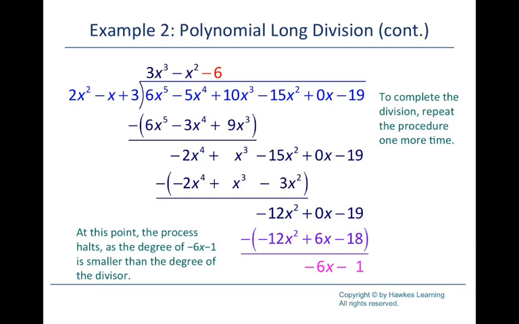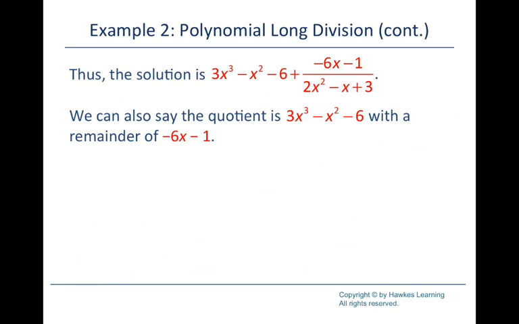We're just left with negative 6x minus 1. And you can see the remainder degree is 1, the divisor degree is 2. So the remainder degree should be less than the divisor degree. And when you write your answer, you're going to write it as 3x cubed minus x squared minus 6 plus the fraction, which is made from the remainder over the divisor.